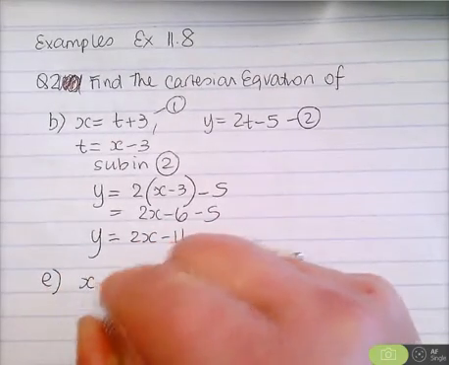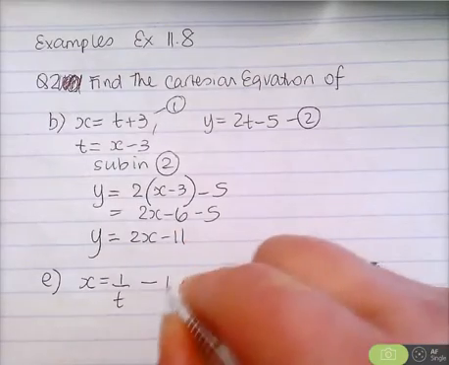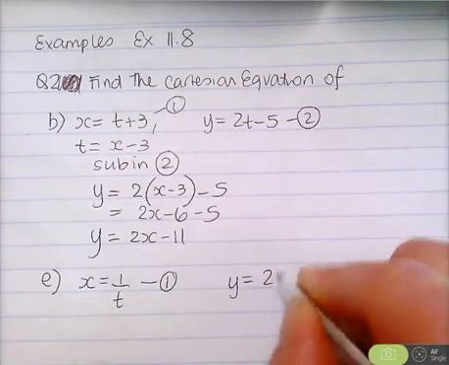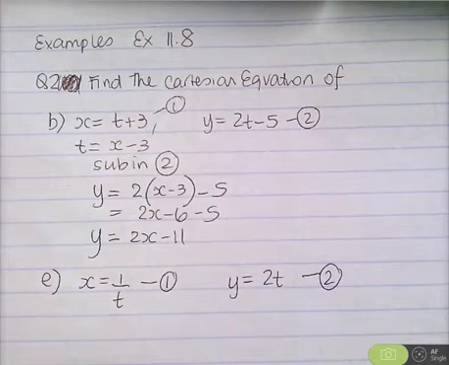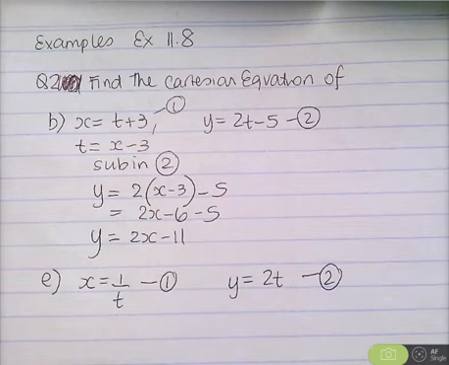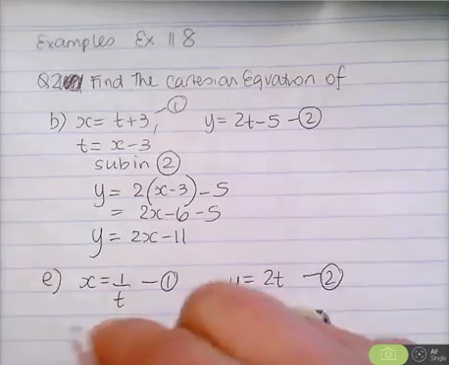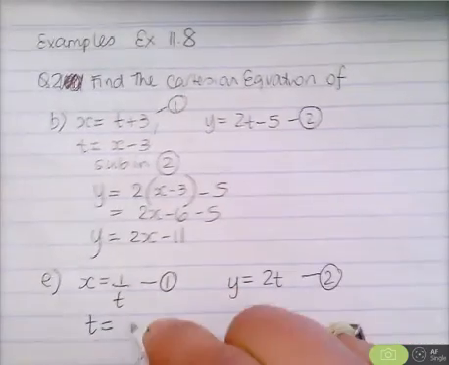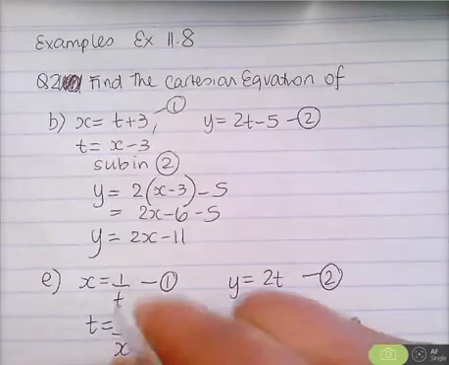Question 2e. X is 1 on t, equation 1. Y is 2t, equation 2. I don't mind which one you rearrange, but I'd probably be rearranging number 1. So rearranging 1, what do you get? T is 1 on x.